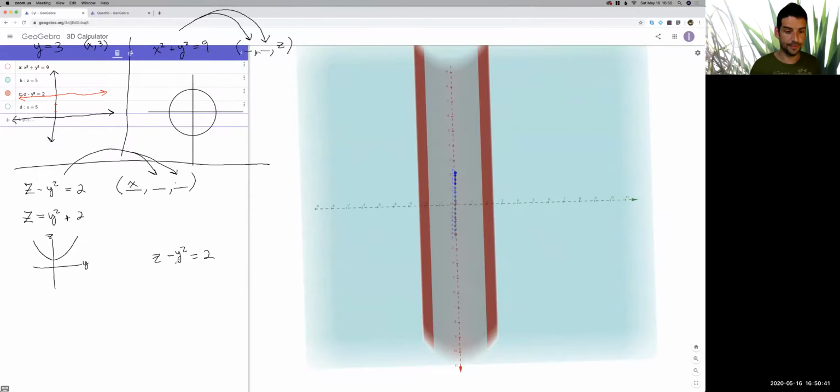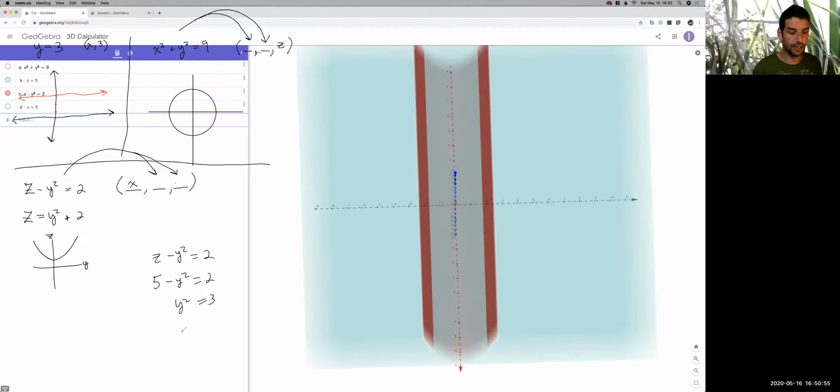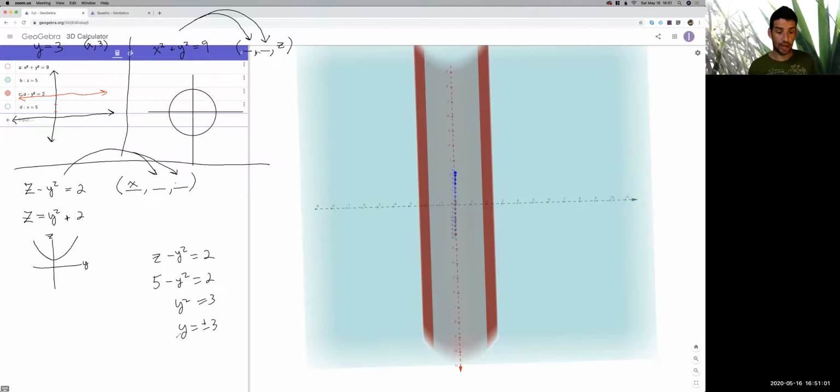X can be anything, but when we intersect with the plane z equals 5, we get 5 minus y squared equals 2, which is equivalent to saying y squared equals 3, or y equals plus or minus the square root of 3. Well, if y is plus or minus the square root of 3 and x can be anything and z has to be 5, what are we left with?